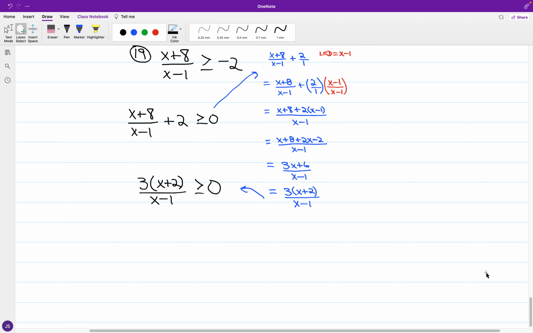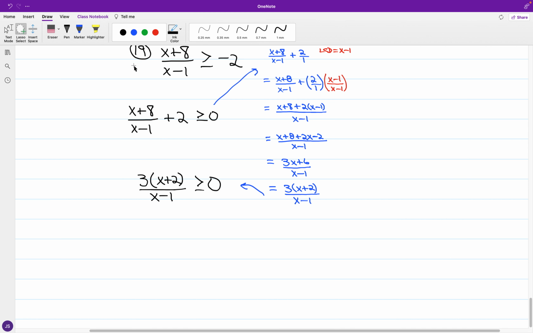Okay, so just looking at what we have in the setup. Okay, so again, we have for r of x, 3 times the quantity of x plus 2 all over x minus 1, and looking at establishing the zeros.